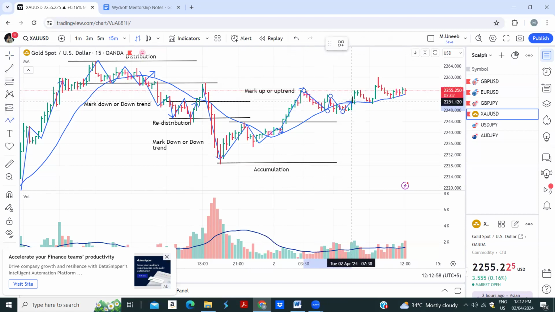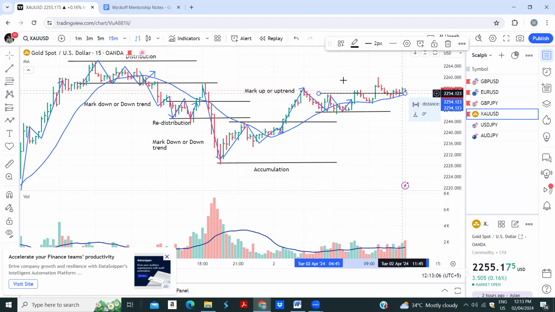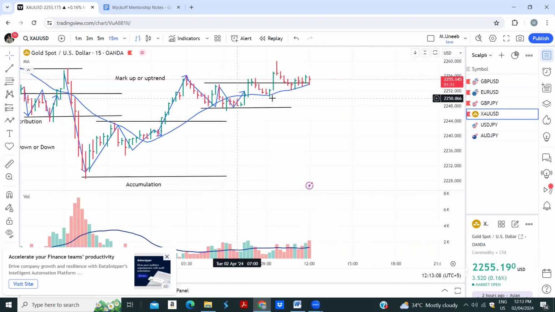Here again, the price moves into consolidation. We can say that the smart money is reaccumulating the shares at lower prices. Supply is equal to demand, the buying pressure is equal to selling pressure, and the price is moving in equilibrium.